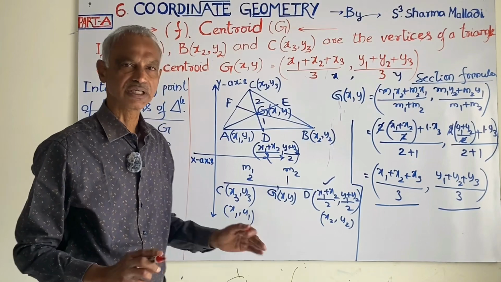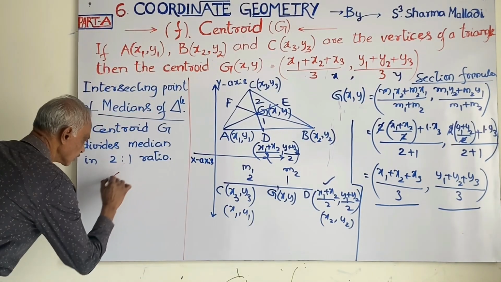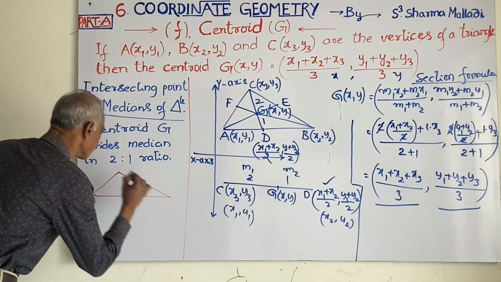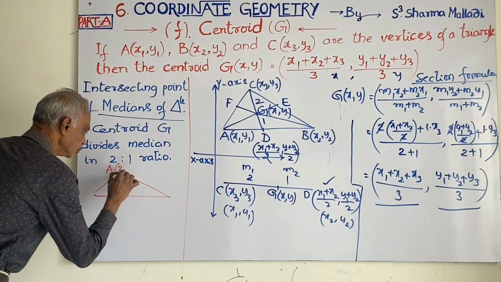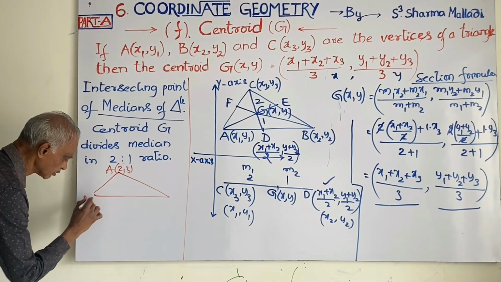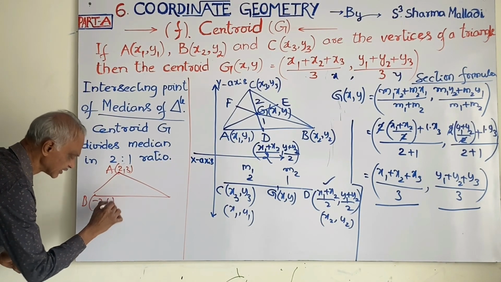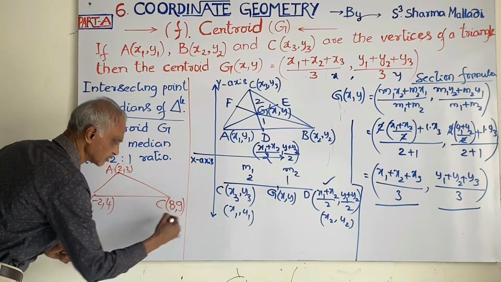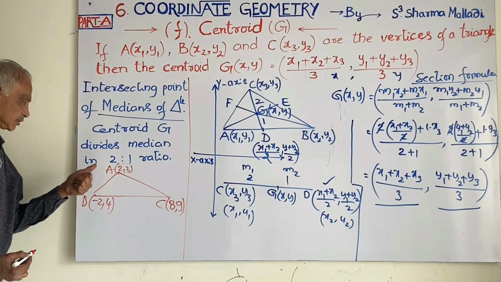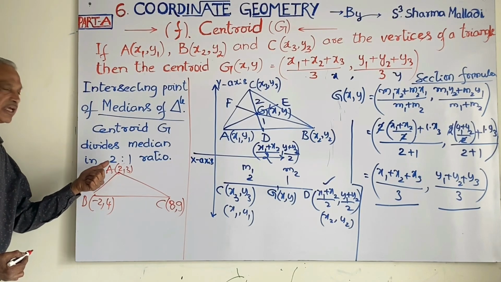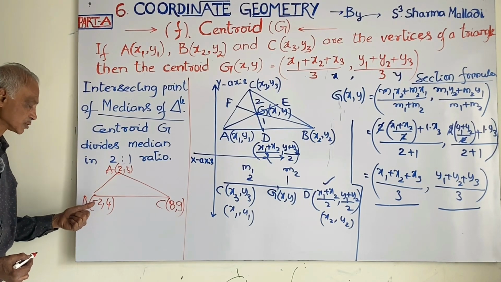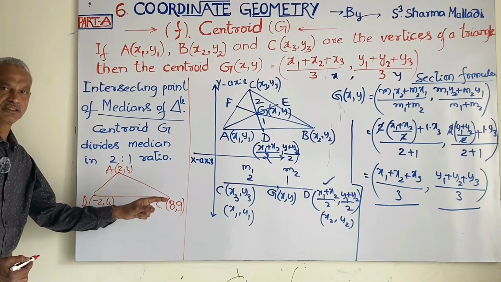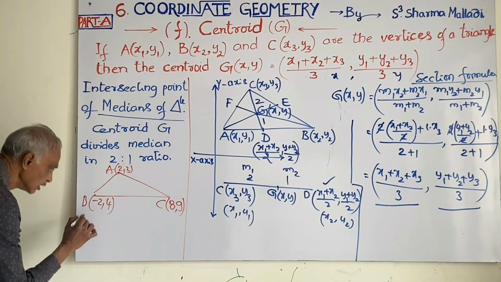I will give one example so that you can understand very easily. A (2, 3), B (minus 2, 4), C (8, 9). Find the centroid of this triangle, given A (2, 3), B (minus 2, 4) and C (8, 9). What is the formula we have?